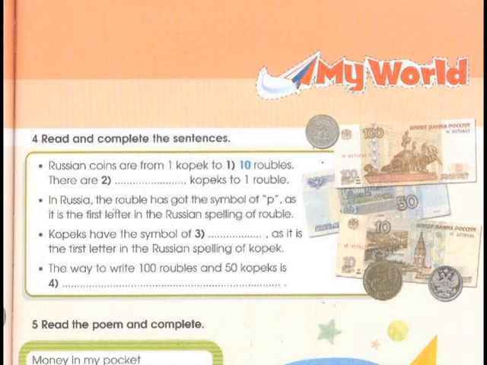In Russia, the ruble has got the symbol of R, as it is the first letter in the Russian spelling of ruble. Kopeks have the symbol of K, as it is the first letter in the Russian spelling of kopek. The way to write 100 rubles and 50 kopecks is 150.